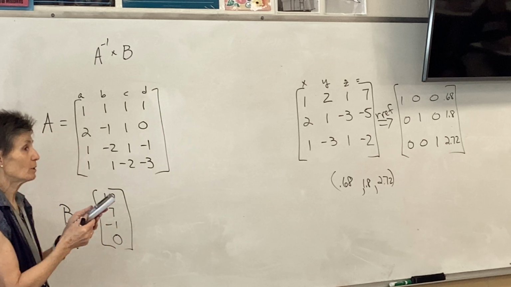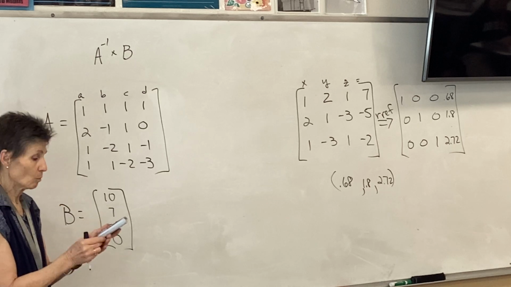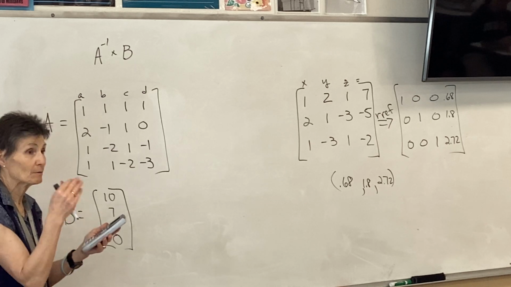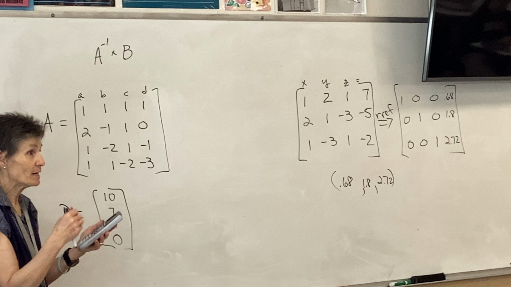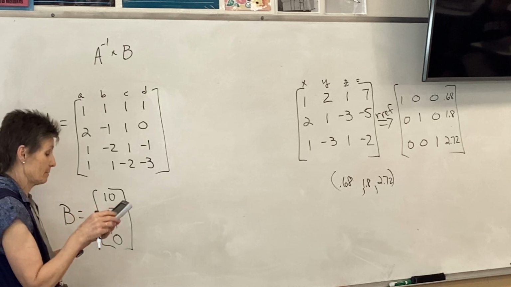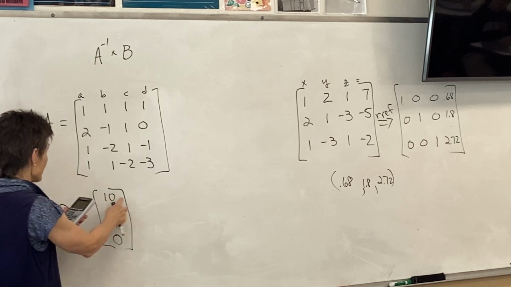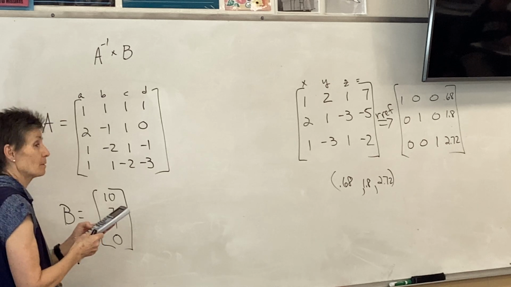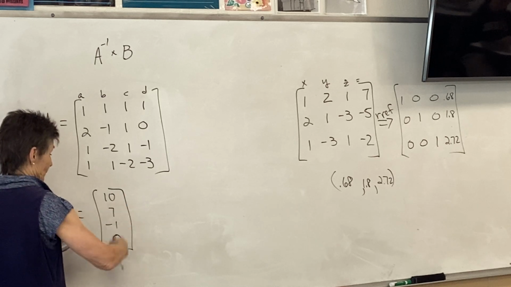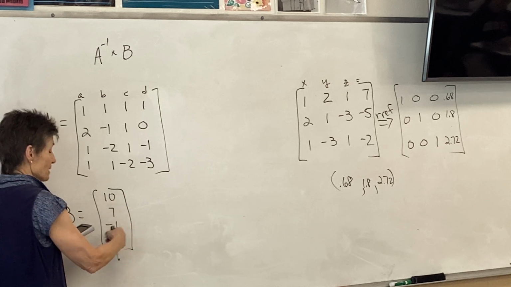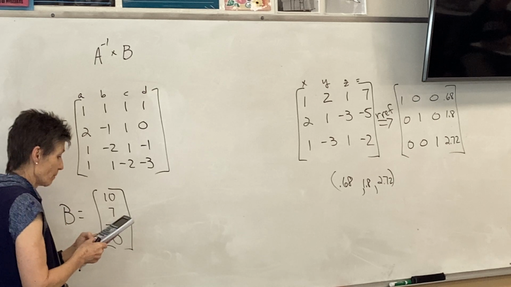So when you put in the second one, you go across to edit, but you have to go down to B. You need a new name for it, so we're going to call it B. And its dimensions are 4 by 1, good.